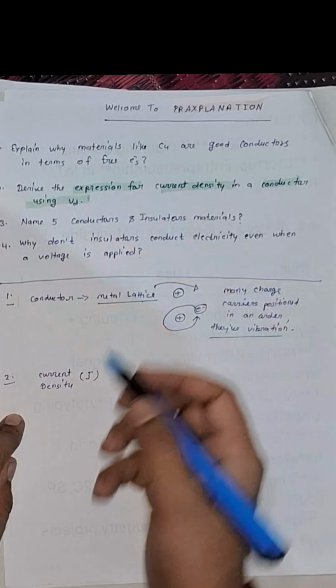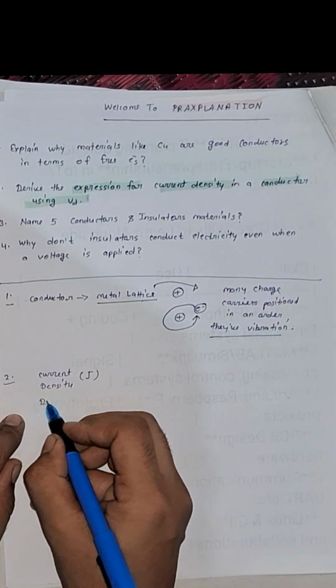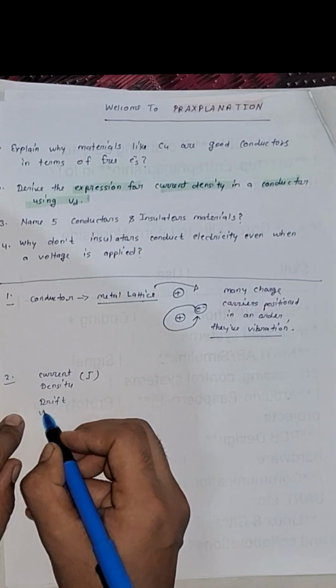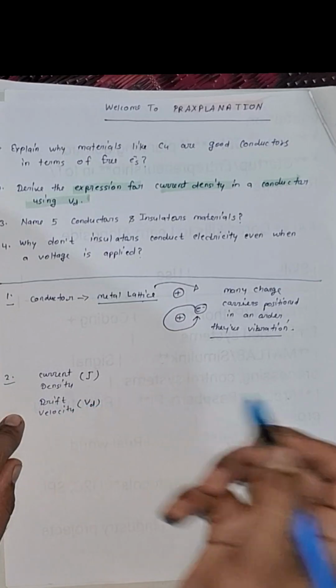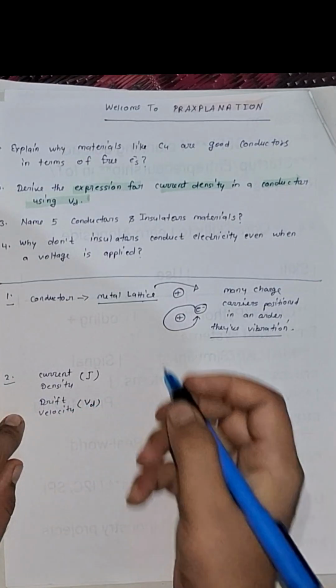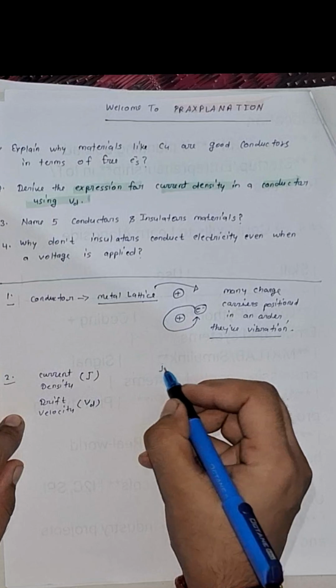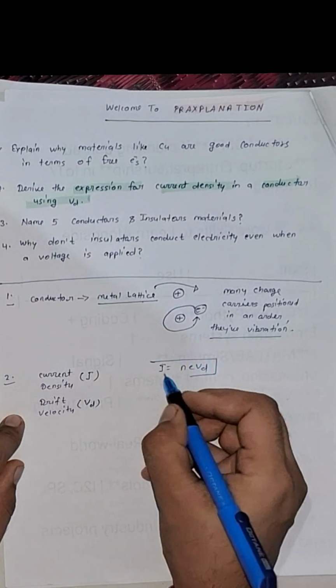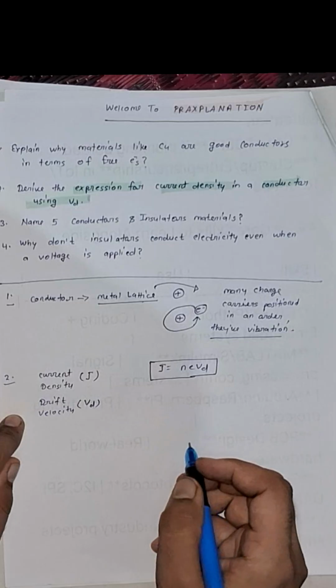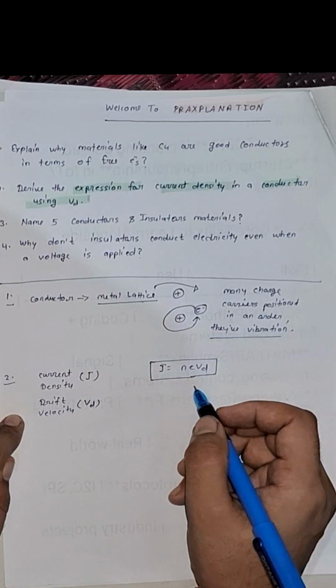And what does Vd mean? This is drift velocity. Drift velocity is Vd. And our expression is J equals n e Vd. This is our expression. Now let's understand one by one.